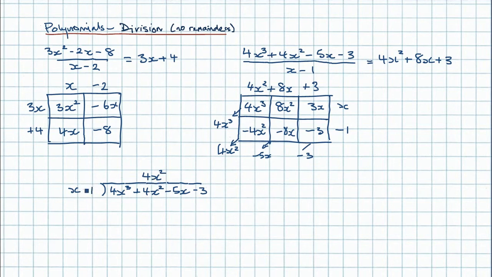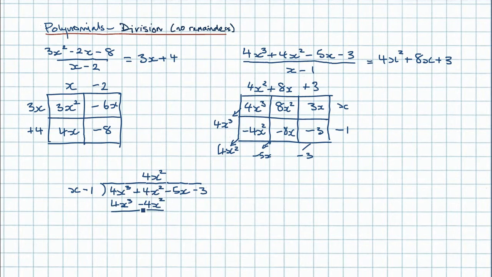So 4x squared times x gives us 4x cubed. Minus 1 times 4x squared will give us minus 4x squared, and then we subtract this from the term above here, exactly the same as we did with conventional long division.